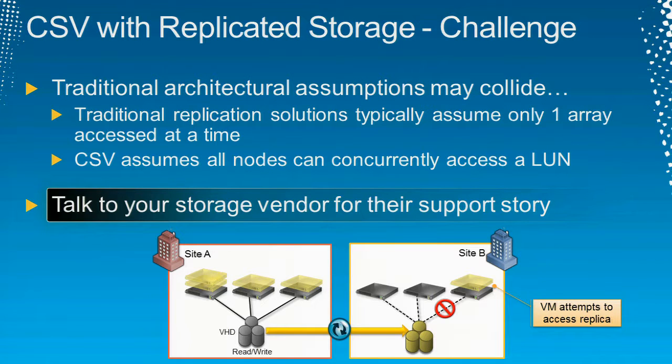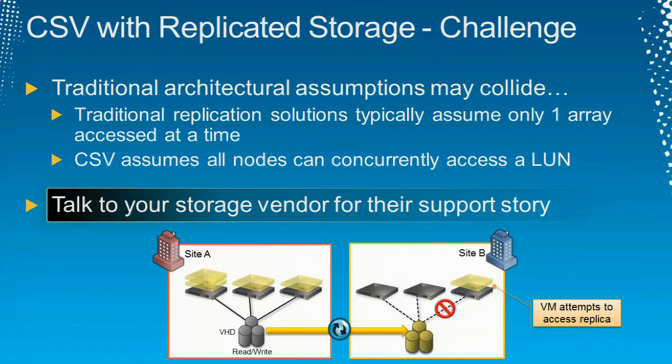With CSV, you are coming with a new paradigm where multiple nodes can see the storage at the same time, which created challenges for our storage partners, especially when they have replicated storage. Some of the storage vendors expose volumes on one node and make them read only on the other side, which doesn't work for a number of reasons.